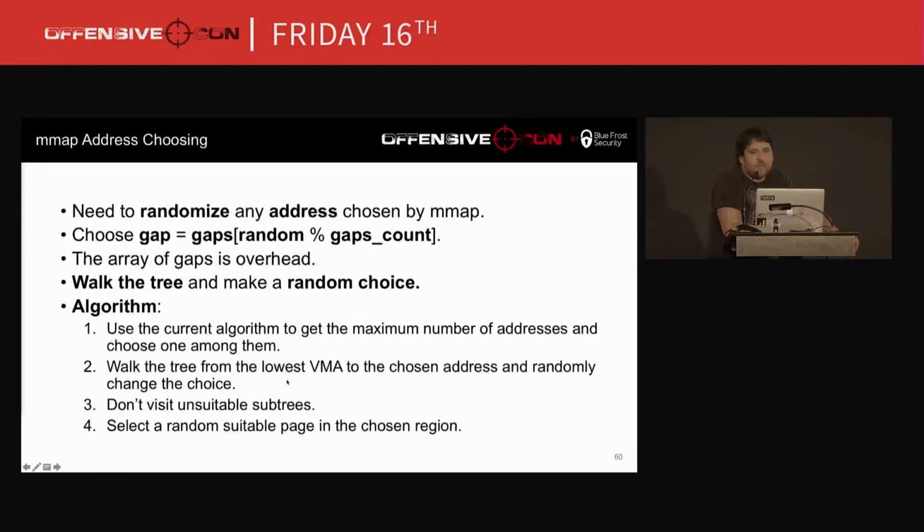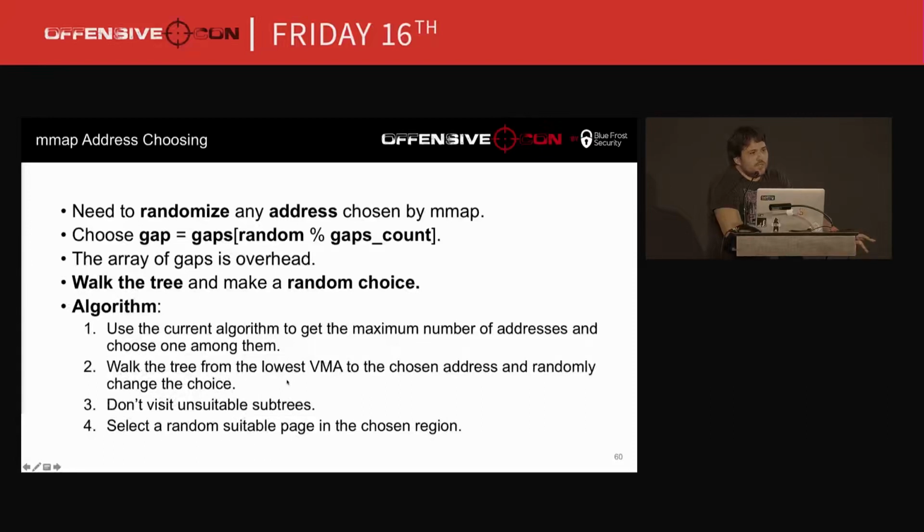And I'm going to provide a patch for the mmap address choosing. I'm going to make it random. To do so, first of all, we need to make some list of gaps, because right now there is no information about the gaps, only an augmented red-black tree that is not suitable for it. That would keep some overhead.